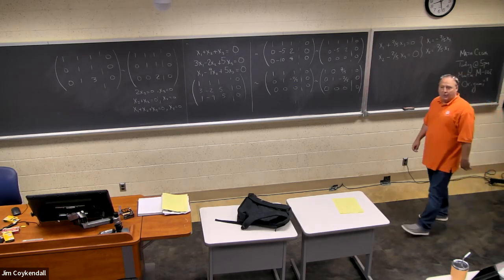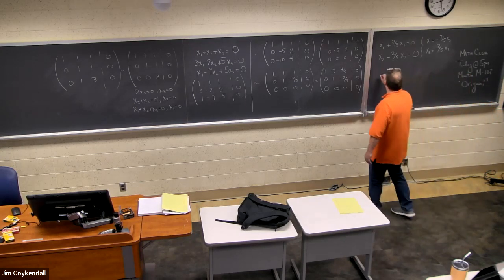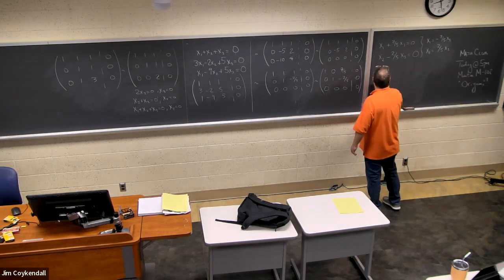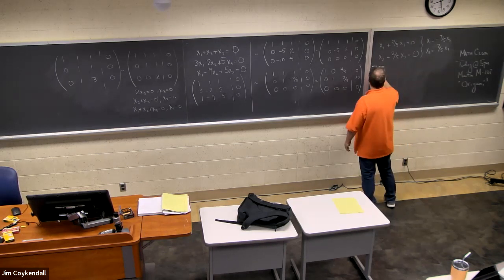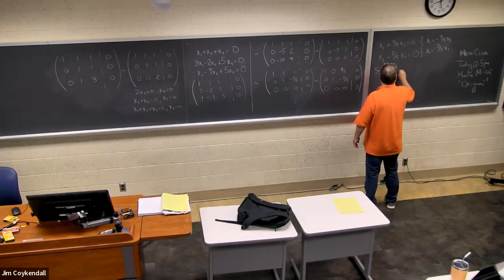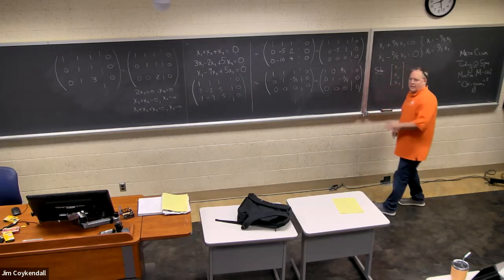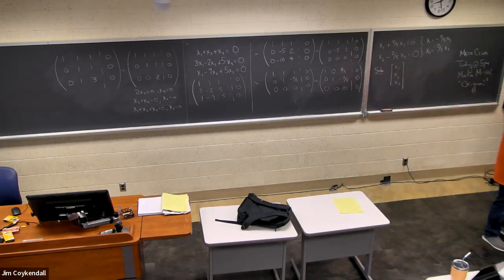So I can actually write this in a convenient vector form this way. What is my solution? Set the homogeneous equation. There it is. That's me being a bit of a smart aleck, because that's just x1, x2, x3.